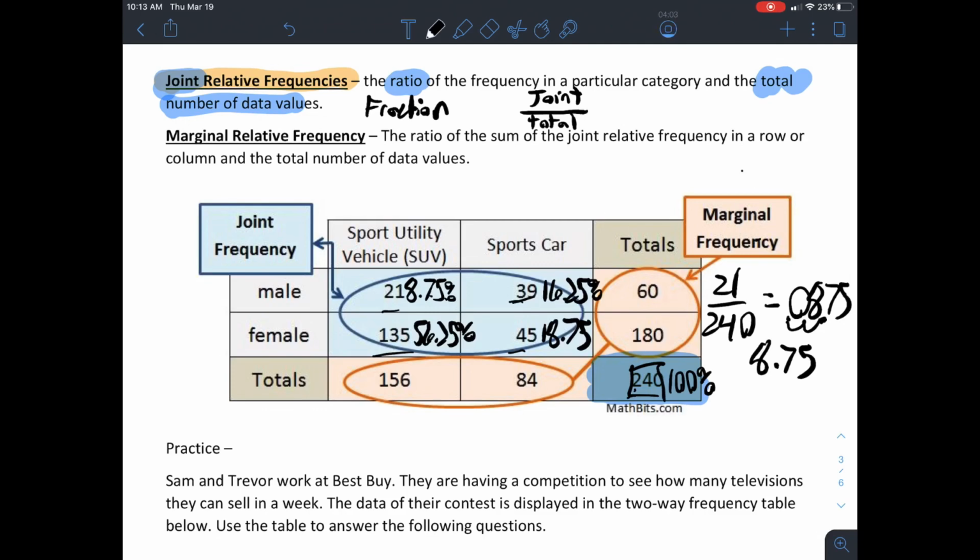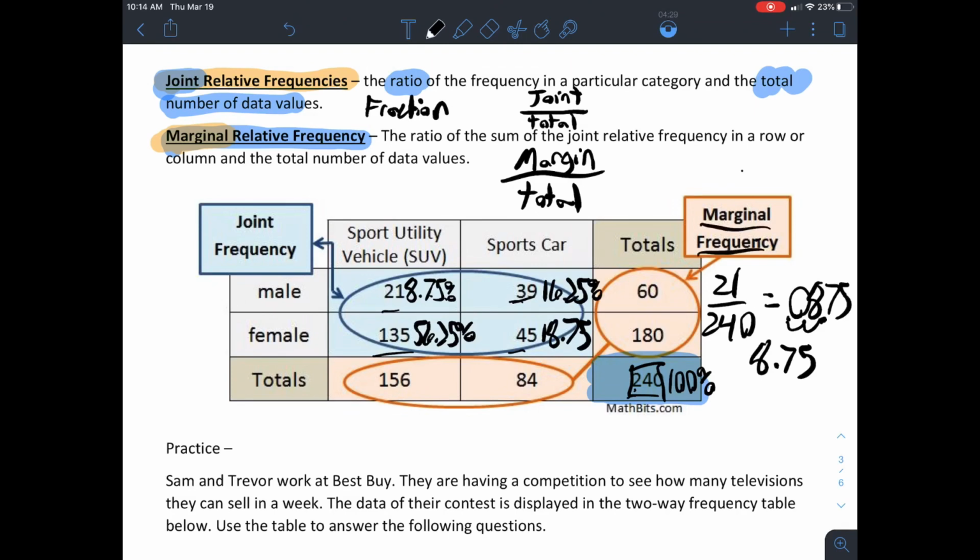240 is the whole. All right, guys, so next we have marginal relative frequencies. All right, and just like joint relative frequencies, marginal relative frequencies tell us a lot just with the first word in the name. The marginal relative frequencies. These are going to be a margin over the total.